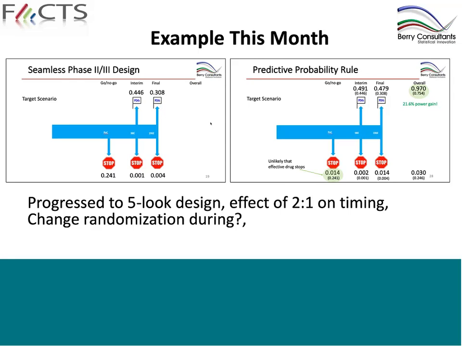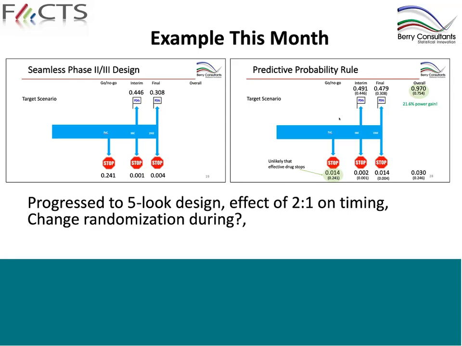This was presented to us: "Ooh, we'd like to do this design." Is this a good design? Under their target scenario, the design they presented, which was doing a test with a larger alpha, if their true delta was there, 24% of the time they didn't get out of their proof of concept phase 2 trial.